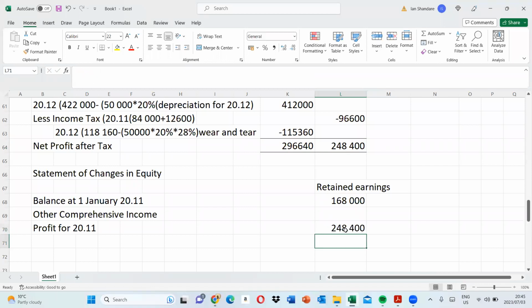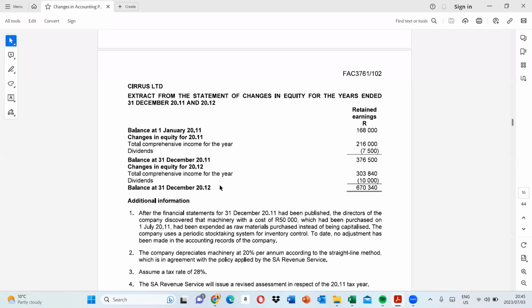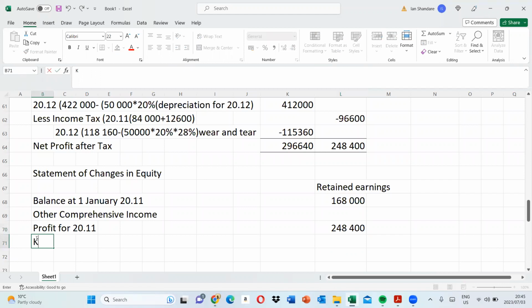248,400. This is the correct profit for 2011. Right. Is there anything else? We can see there was a dividend that was paid off, 7.5. All right. So we say less dividend paid, 7.5. Right.